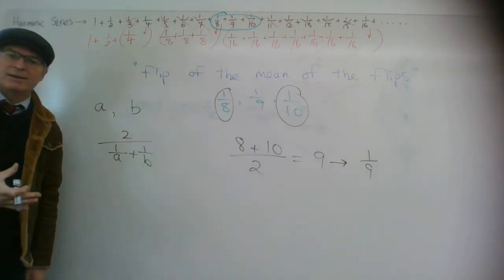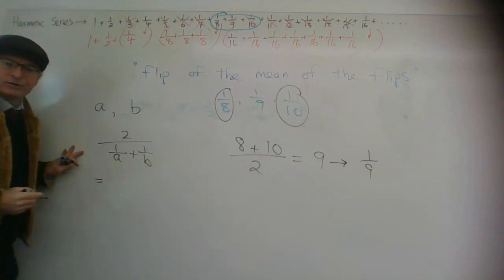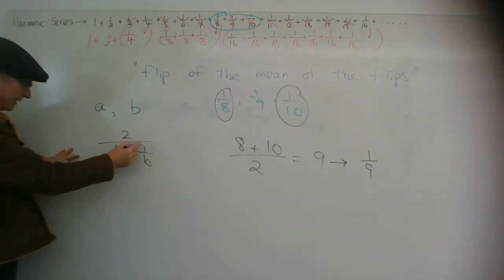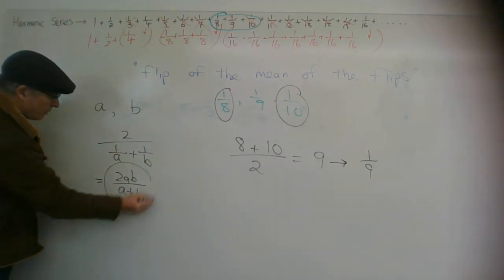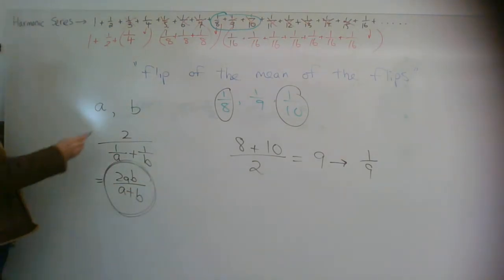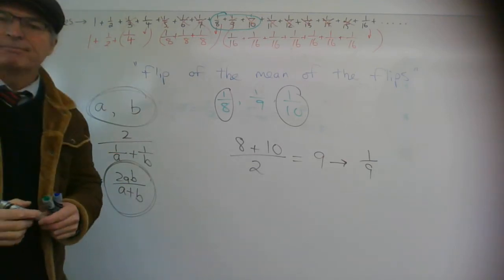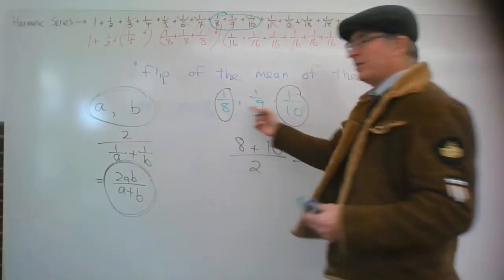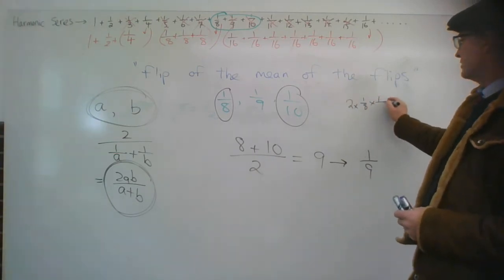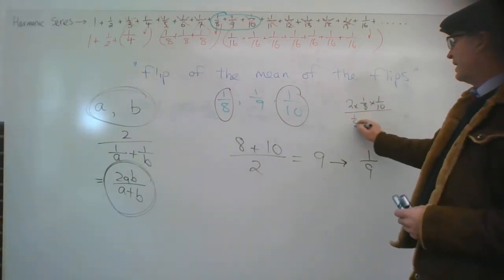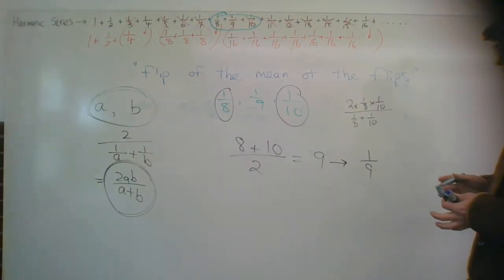We could re-express that, with some fraction work, as 2AB on A plus B. So that would be a formula for the numbers A and B. If I did it this way, 2 times 1/8 times 1/10 on 1/8 plus 1/10 would get me the answer, right?